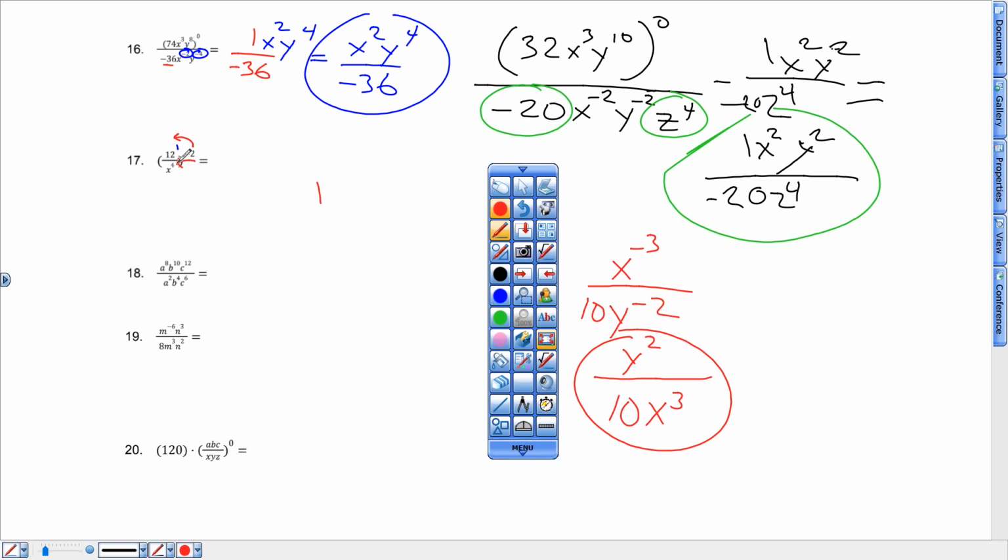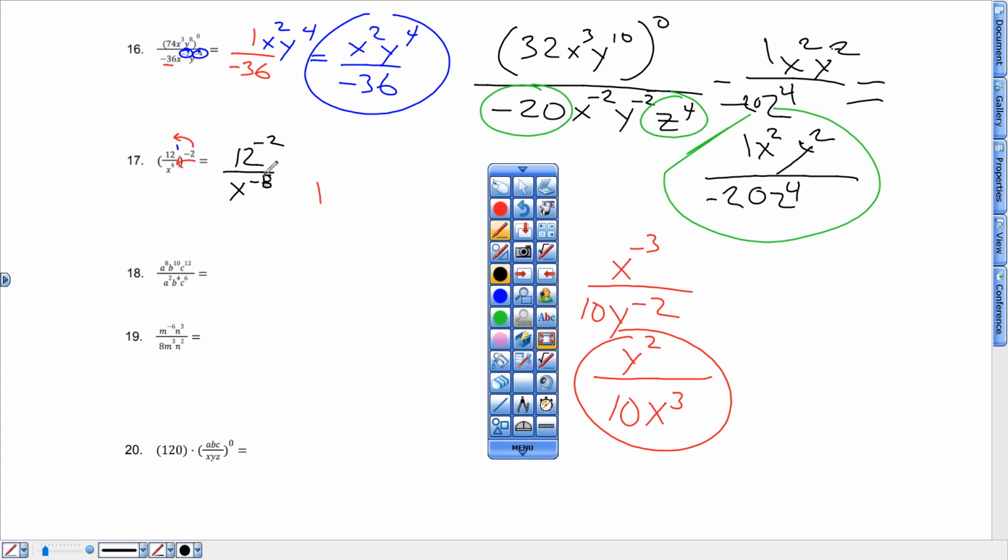So that would give me 12 to the -2 power. And now that is a number with a negative exponent, I'm going to have to move it. Where this number didn't have a negative exponent, don't move it. This one gives you x to the -8.